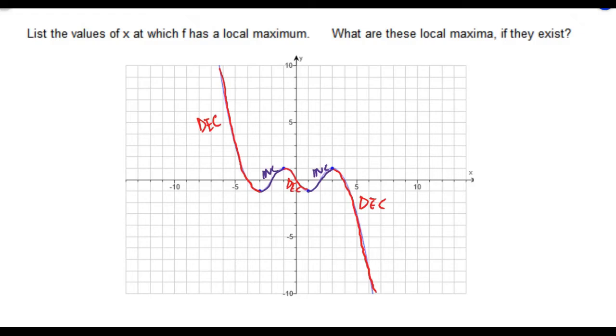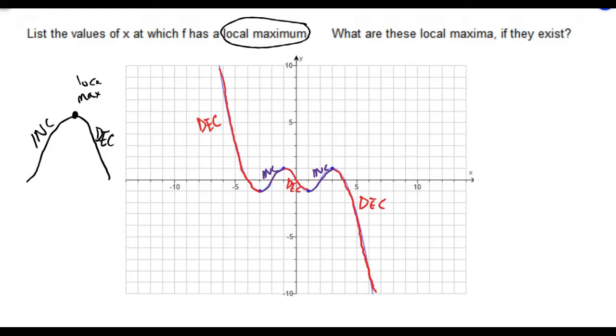When I'm looking for a local maximum, maximum meaning highest or largest, I'm looking for the places where the graph changes from increasing to decreasing. If it changes from increasing to decreasing, it creates a peak, which is a maximum, a local maximum.